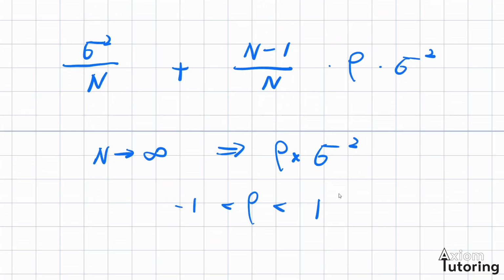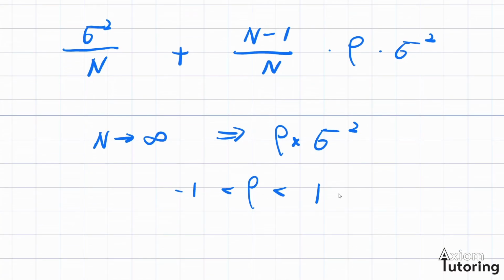In very extreme cases, it'll be exactly 1 or exactly -1, but it's very rare here. So theoretically, this thing here is going to be at least the same as sigma squared, if not smaller, right? If rho is strictly less than 1, then this thing is strictly less than sigma squared, right? So we can move this thing out here.